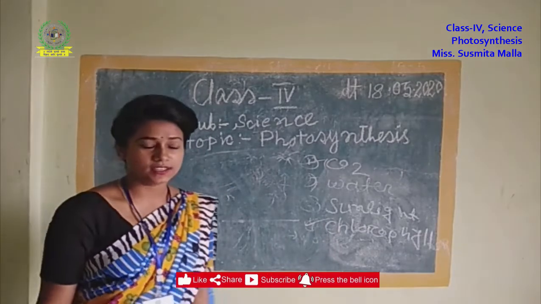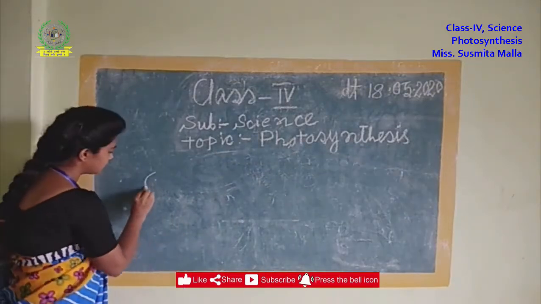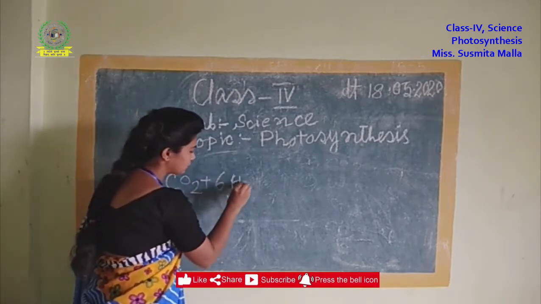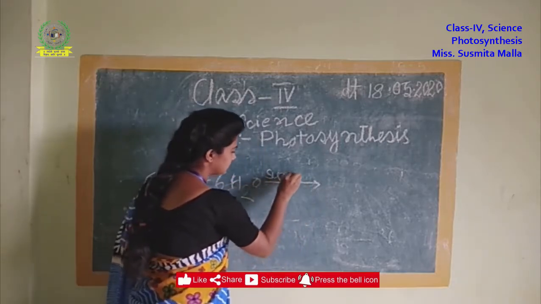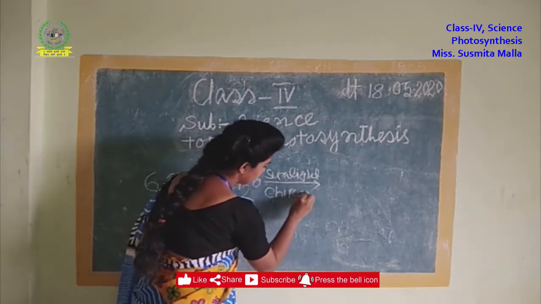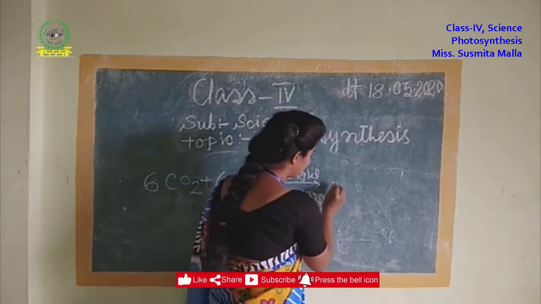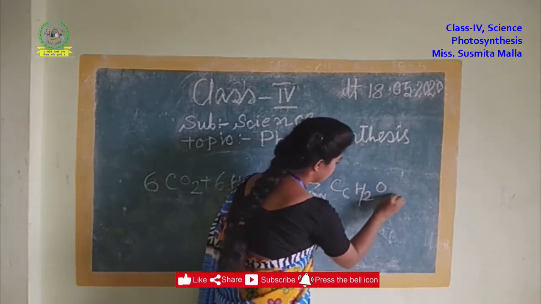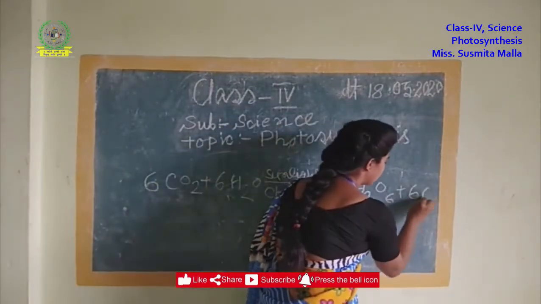Next, there is the reaction of the photosynthesis process. The reaction is 6 molecules of carbon dioxide plus 6 molecules of water, in the presence of sunlight and chlorophyll, produce a simple sugar and 6 molecules of oxygen.